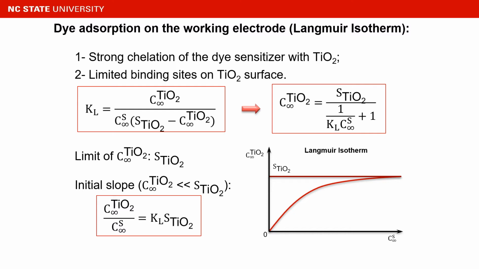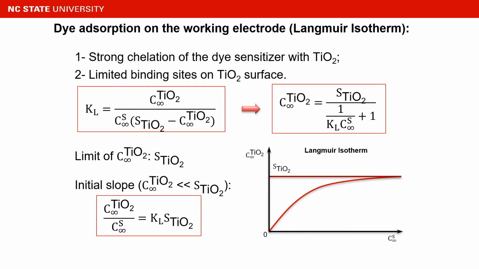By application of the Langmuir isotherm, we find that KL equals C∞TiO2 divided by CS∞ multiplied by (S TiO2 minus C∞TiO2). This leads to the concentration C∞TiO2 equals S TiO2 divided by (1 over KL CS∞ plus 1).